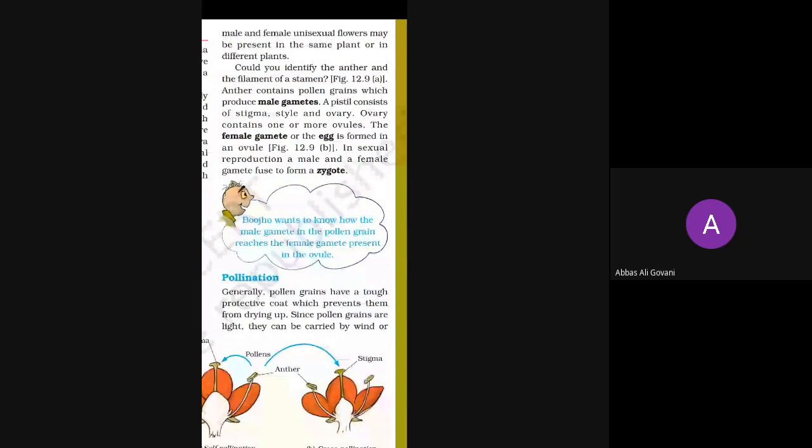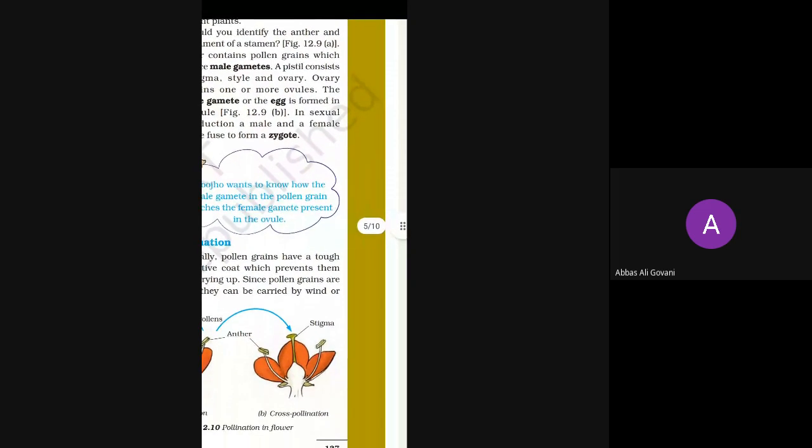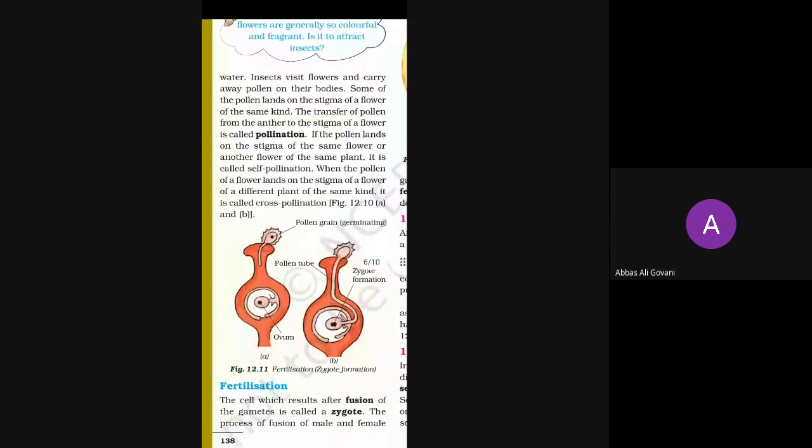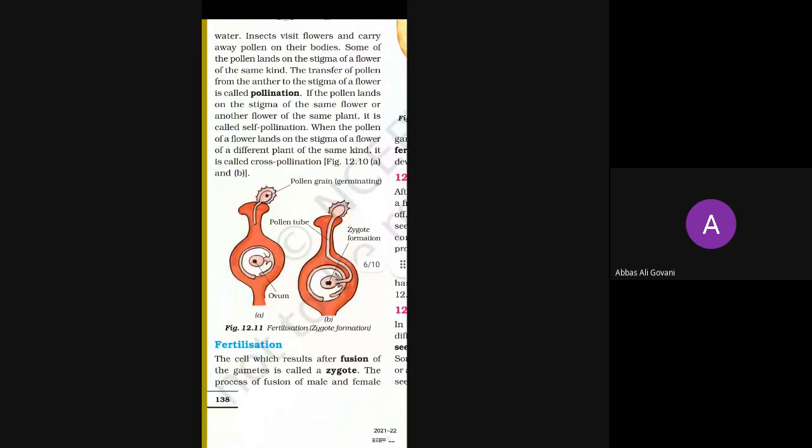Generally, pollen grains have a waterproof coat which prevents them from drying up. Since pollen grains cannot be carried by water, insects visit flowers and carry away pollen on their bodies.